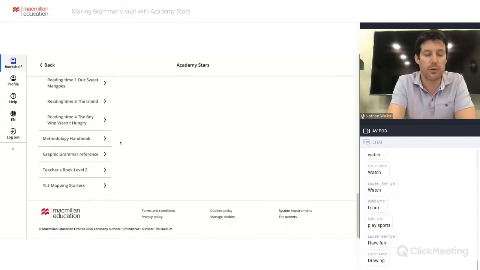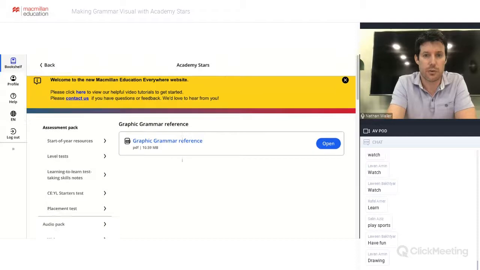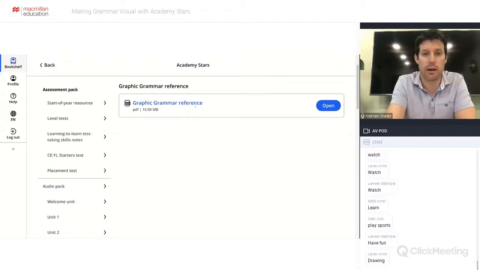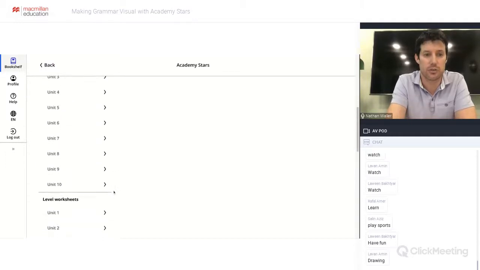And you've also got, if you want to do a bit more about the methodology, you can see that here as well. And there's also a graphic grammar reference for this level. I think this is level 2 that I've got here. So if we were to click on that, you can actually read all about the methodology of the graphic grammar inside of the Teacher's Resource Center.